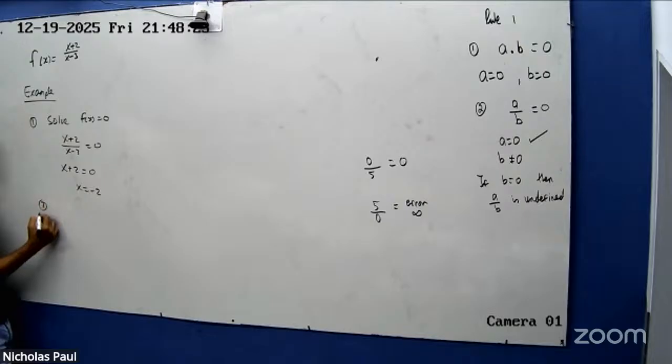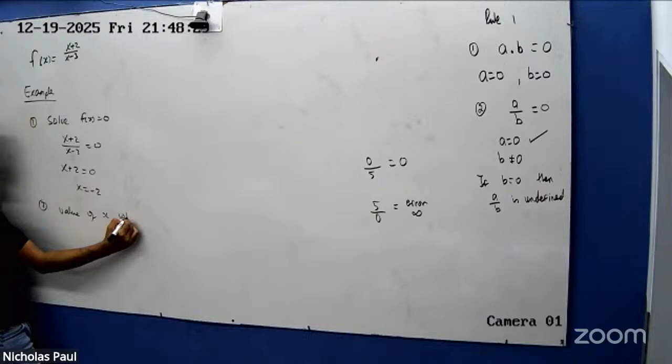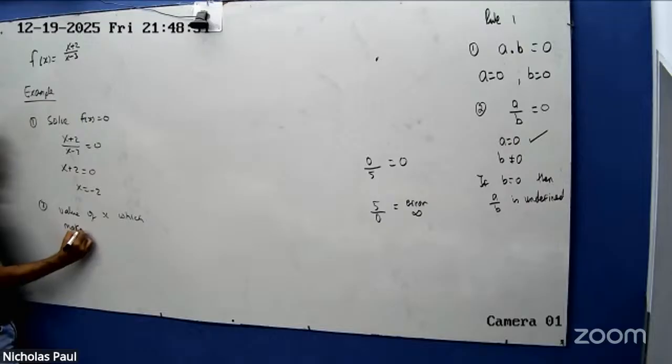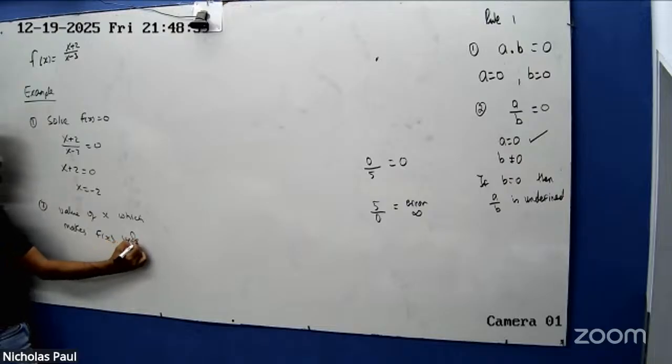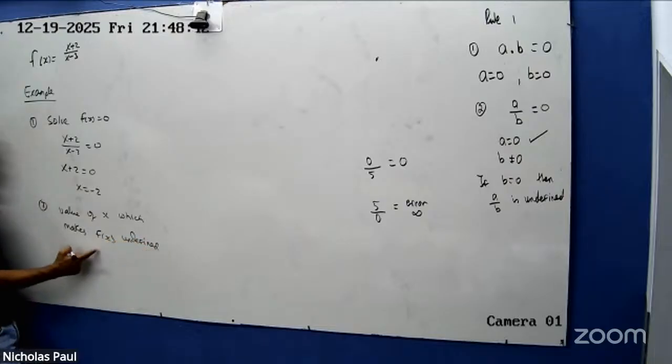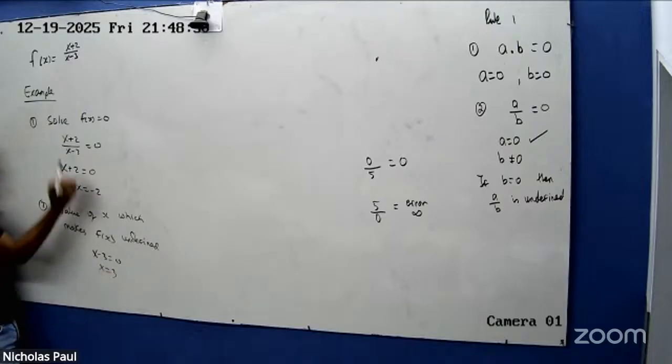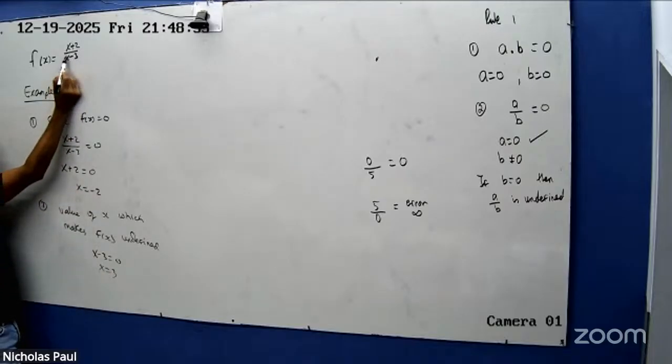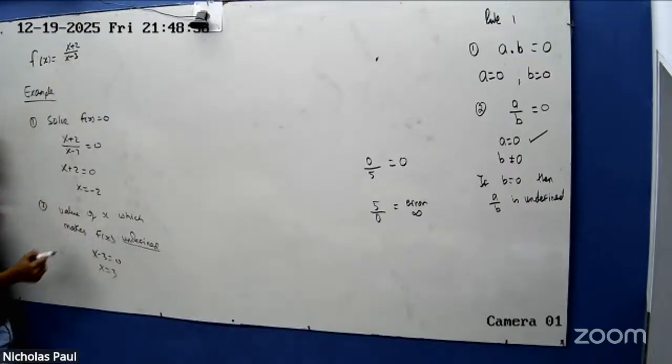And the second thing, if they ask for the value of x which makes f of x undefined, what they're talking about is they want the denominator equal to 0. So if I put 3 in here, my denominator will become 0 and it will be undefined. Those are the two small rules I want you to learn for today.